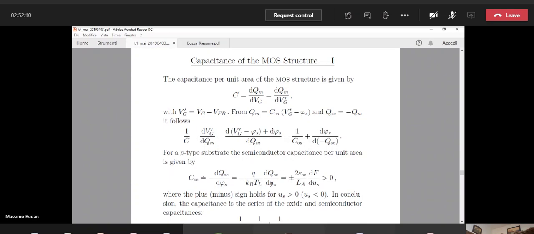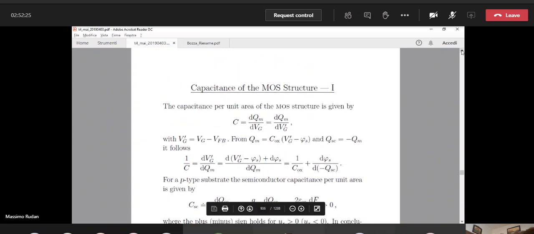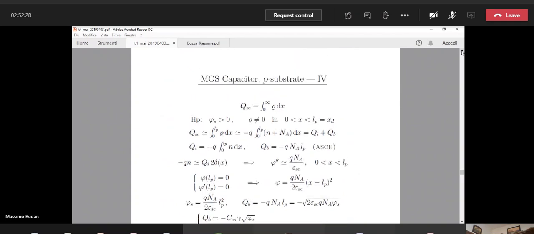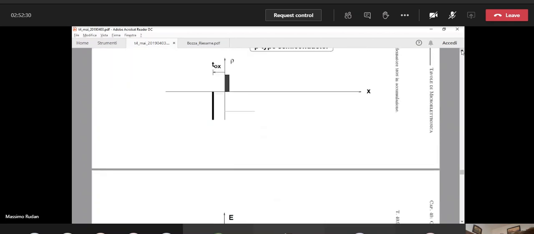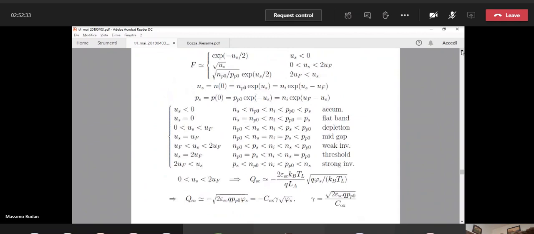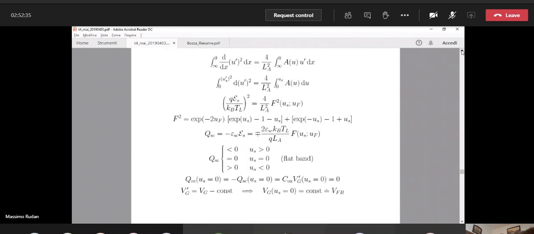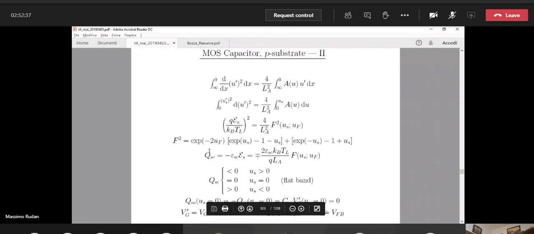And then we observe that we already have found the expression of QSC in terms of US. It is the general expression with no approximations, okay? This one. QSC is a function of US. So we simply take the derivative, okay?